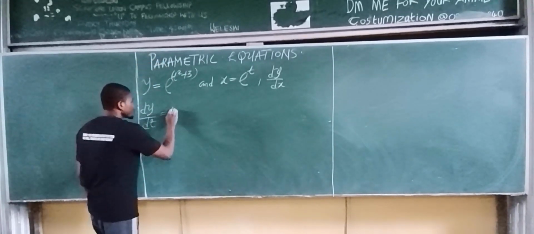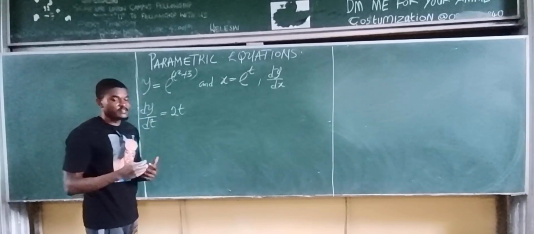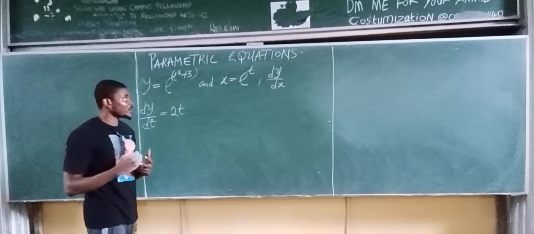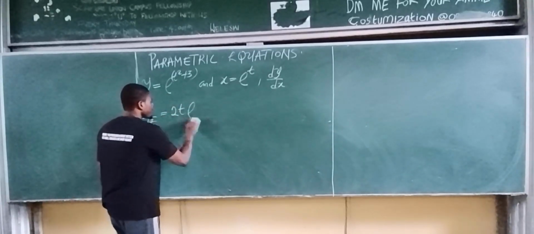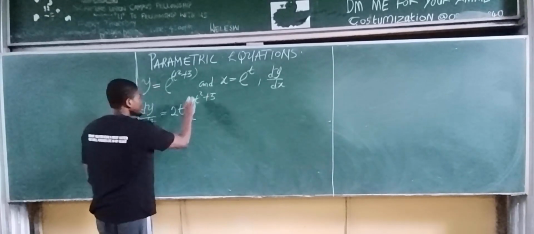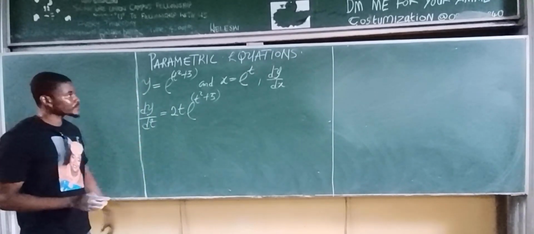That will simply give me 2t. If I differentiate 5 with respect to t, 0, because 5 is a constant, there's no t attached to it. So it becomes 0, so it's off. Use this derivative now to multiply the exponential function itself, t squared plus 5. So this gives me the value of that derivative. So dy/dt is simply equal to this.